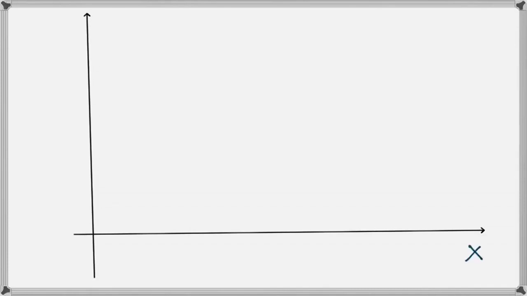Let this be our x-axis and this be our y-axis. Next, we draw the graph of y is equal to x cube. Then we draw the graph of y is equal to x.